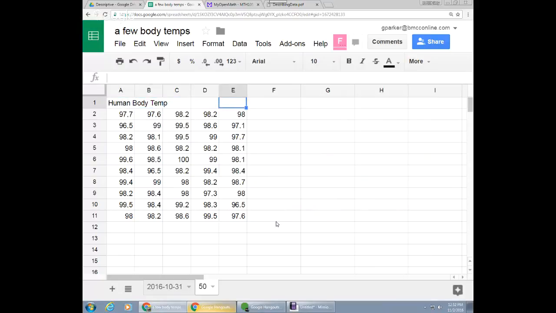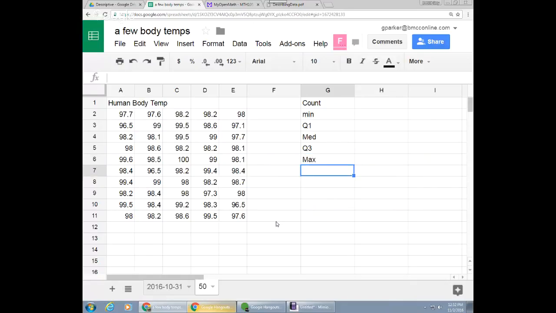The first thing I do when I get a set of data, no matter how big or small, is a few basic calculations. Right away, I want to know how many there are, so I want to do a count. I'm also going to want the 5-number summary: my min, my Q1, my median, my Q3, my max.